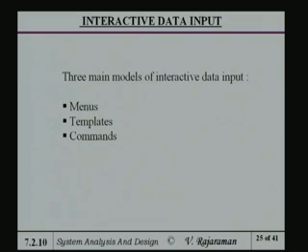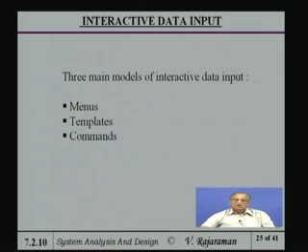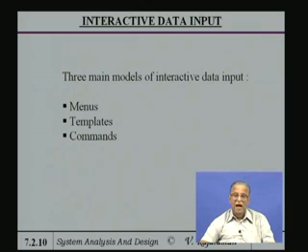Menu driven, as the name implies, means that there are a certain number of choices given to the user, and based on the choice there is a kind of tree. Depending on one choice, it will go to one branch along the tree and provide more choices which are relevant for that branch.